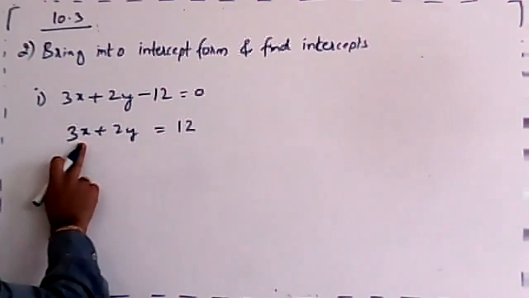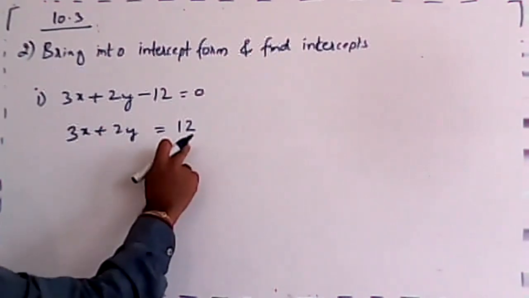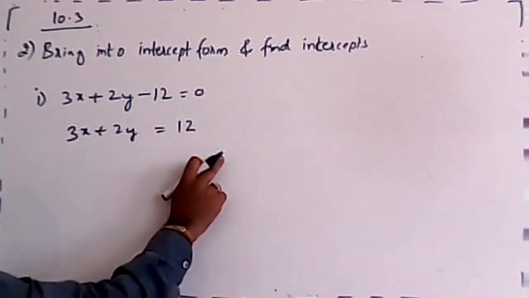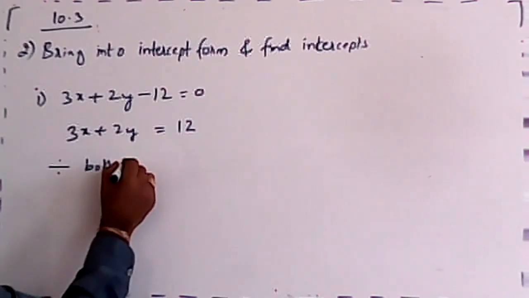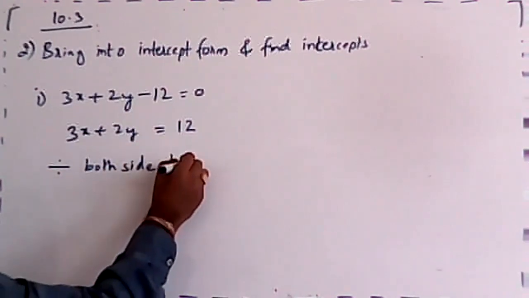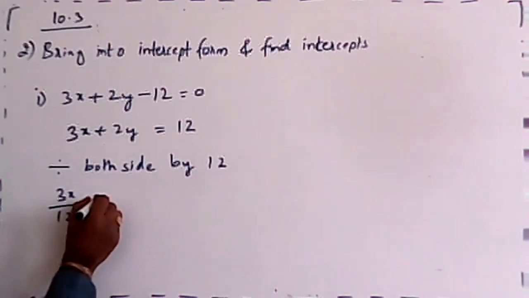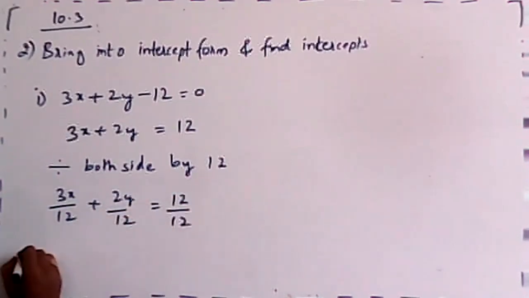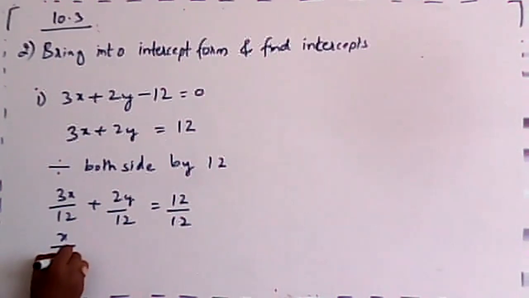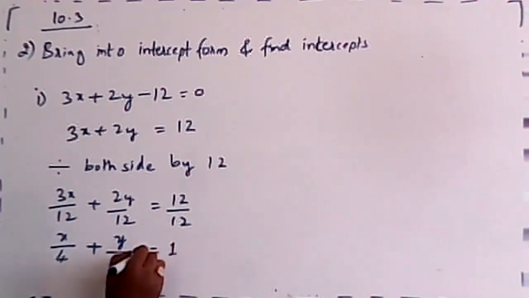Now we know that x by a plus y by b is equal to 1. If you want to make 12 as 1, divide both sides by 12. That is 3x by 12 plus 2y by 12 equals 12 by 12, that is x by 4 plus y by 6 is equal to 1.